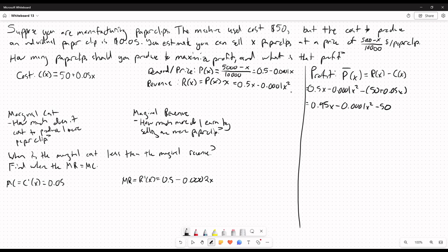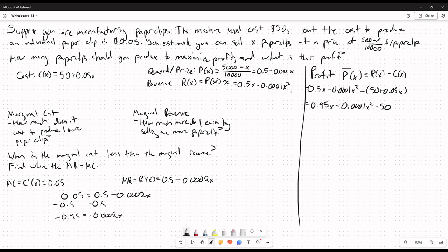So, when does the marginal revenue dip below the marginal cost? We're going to go ahead and find out where that is, so we're going to solve this equation. It's a nice linear equation. We'll maybe start by subtracting 0.5 from both sides. We'll get negative 0.45 equals negative 0.0002x.